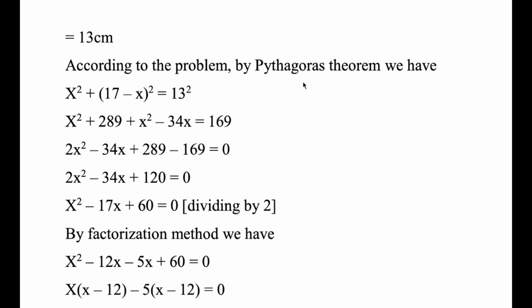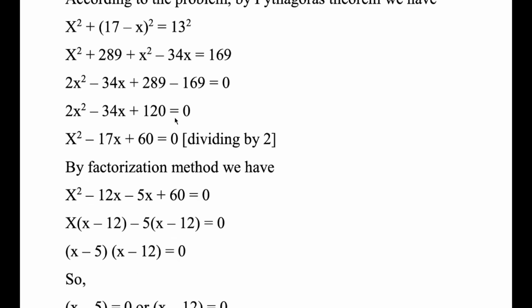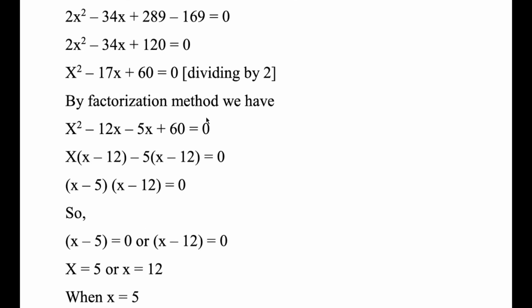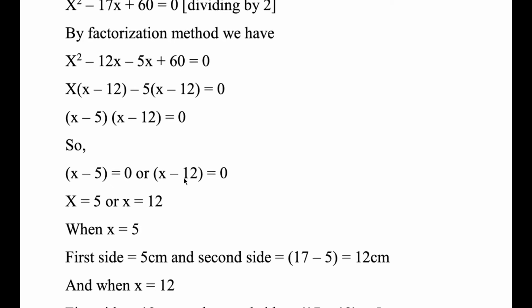So according to the problem we can use the Pythagoras theorem, that is x square plus 17 minus x whole square is equal to 13 square. Then after few steps simplification, dividing by 2 just to reduce the burden on that particular equation. After that use the middle term factorization method, you will get x is equal to 5 or 12.